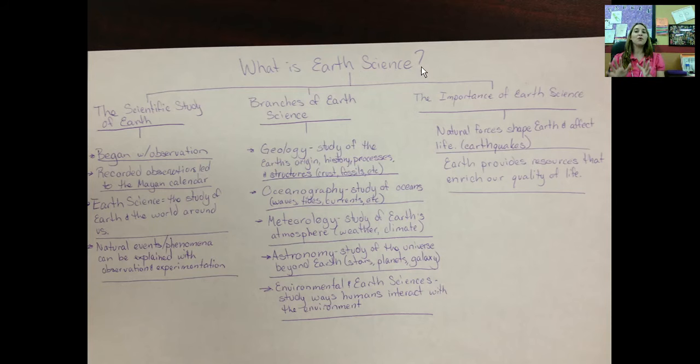Now, before I read the book, I looked for those big titles above the paragraphs, and I made a branch on my tree for each of those titles. So you see, I have 3 branches on my tree today. I have the scientific study of Earth, branches of Earth science, and the importance of Earth science, because those were the 3 big headings that I found inside my section.